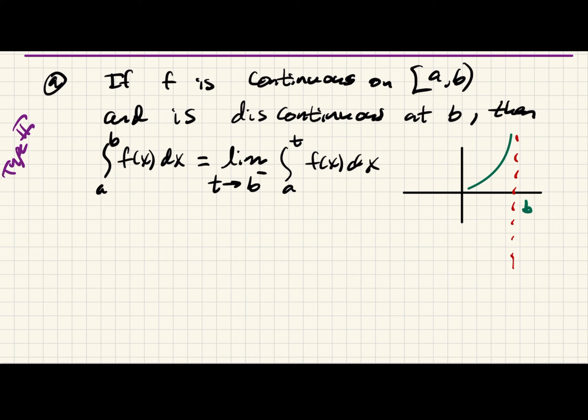And I'm definitely discontinuous at b if I go on forever, right? And so I've got some left-hand limit a. Then I can say, okay, well, t is my x value that goes on like this towards the left. So I'm going to approach b from the left.